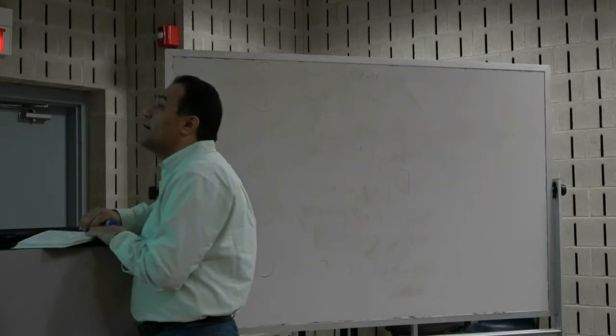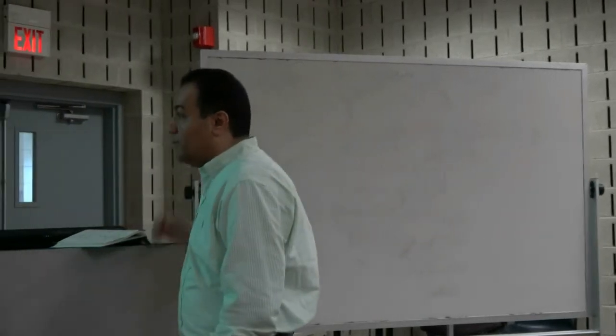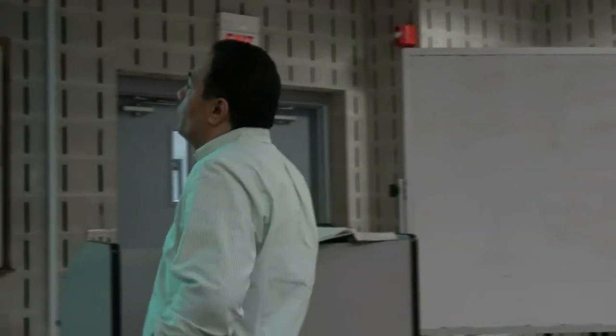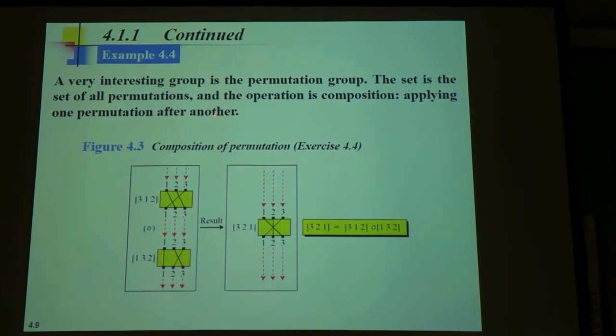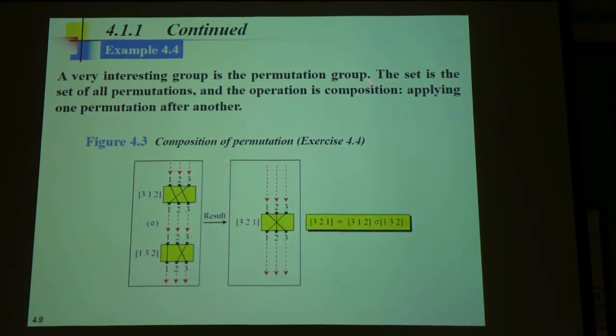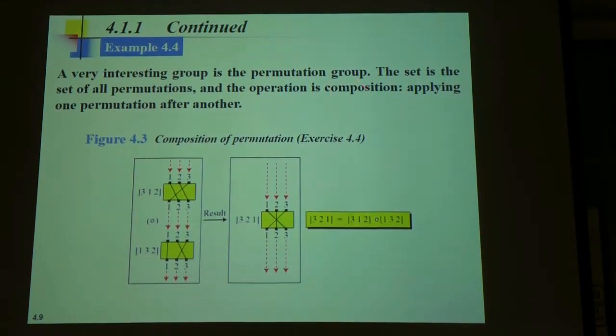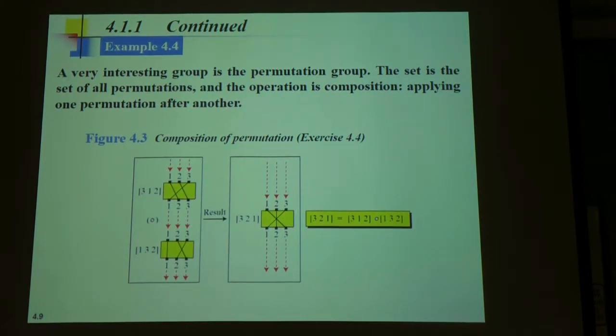Let's take one more example, which is a very interesting group. The permutation group. The set of all permutations, and the operation is composition, applying one permutation after the other. So this is the operation, the open circle, and this is the permutation.